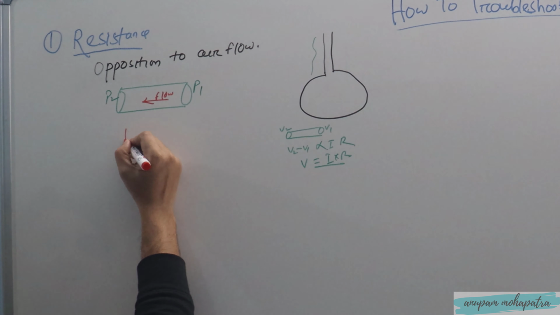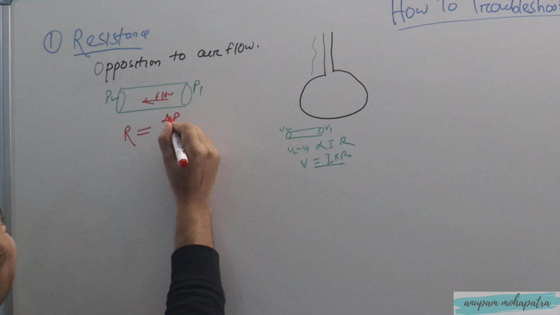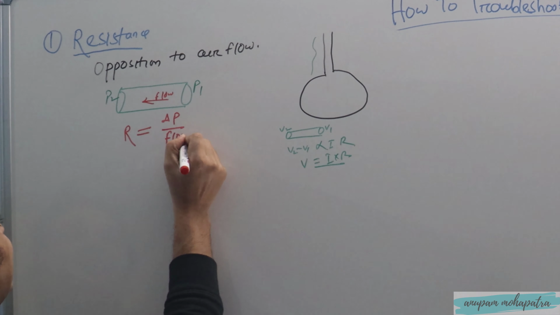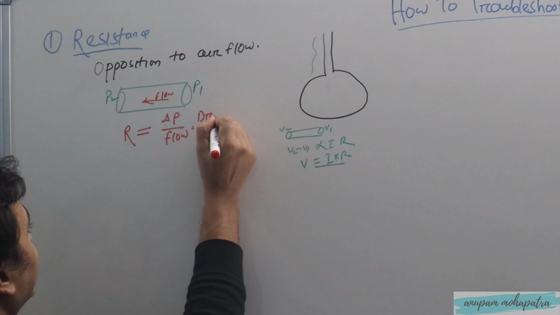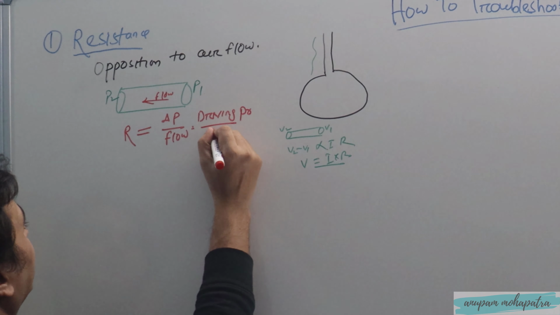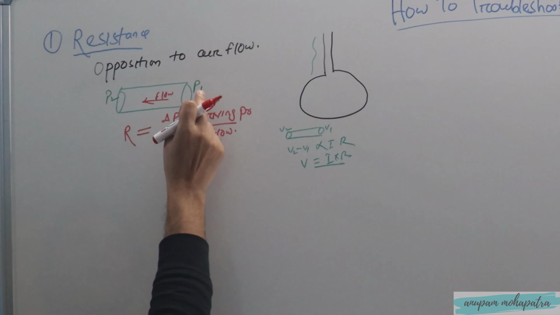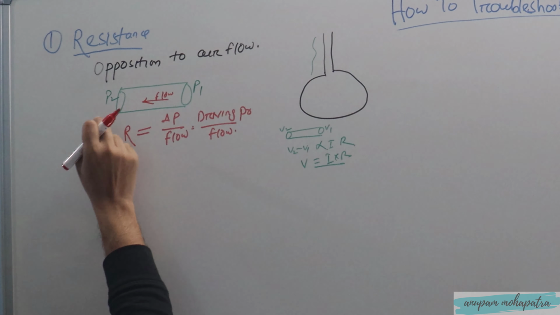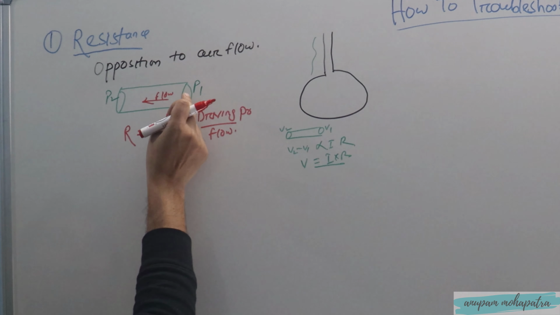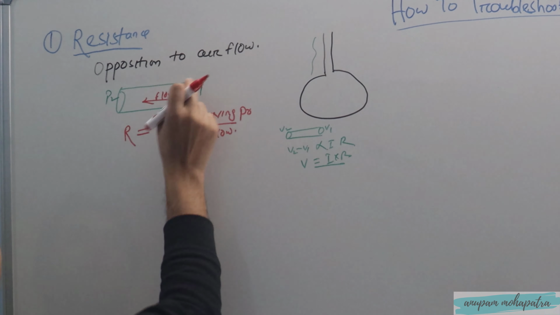So the resistance can be defined as delta P by flow, and this delta P is called the driving pressure. It is the driving pressure that drives the flow from one end to the other, and while the flow is going from one end to the other, it has to face the opposition of the resistance.